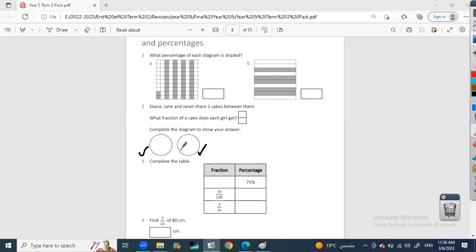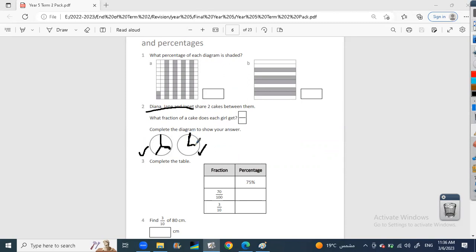Now, the question says Diana, Jane, and Janet share 2 cakes. After drawing the 2 cakes, ask yourself, how many people are sharing the cakes? 3 people. So you're going to divide each one of them into 3 parts. They need to be equal, but since I'm not using a ruler, it is fine if they're not really accurate.